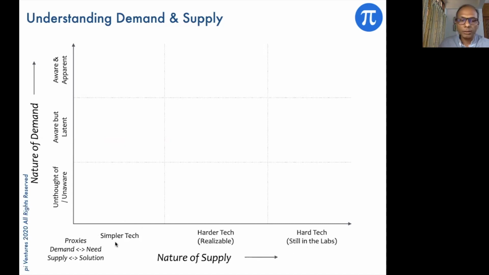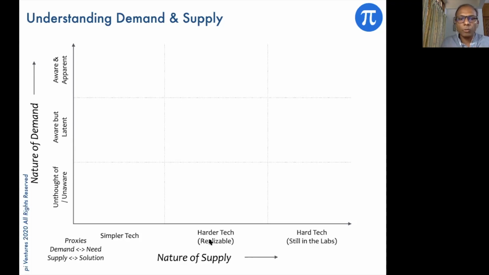Simpler tech is something that some smart people can come together and make. Like Swiggy is tech, but in my mind it's a simpler tech. So is Ola, right? There's nothing innovative to be done in some sense. You can put these products together with a bunch of smart people. Harder tech is something which is realizable, but there is a moat around it.